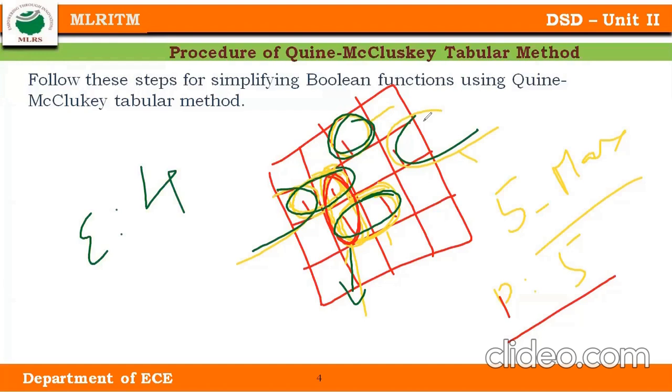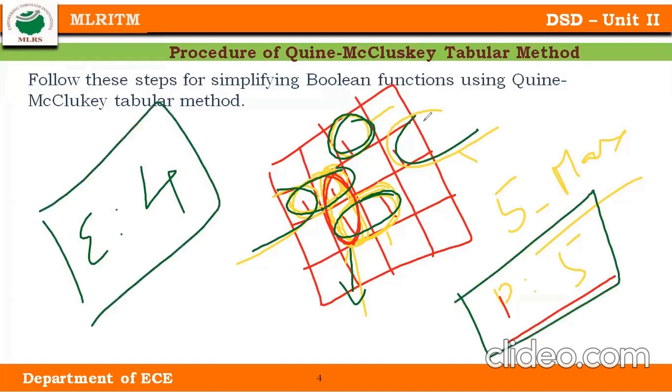So I can say that 5 are the prime implicants, whereas in the case of essential prime implicants, whatever Boolean functions or product terms are required at your output should be considered as essential prime implicants, which means I can't reduce further. It should be considered. That is called an essential prime implicant.